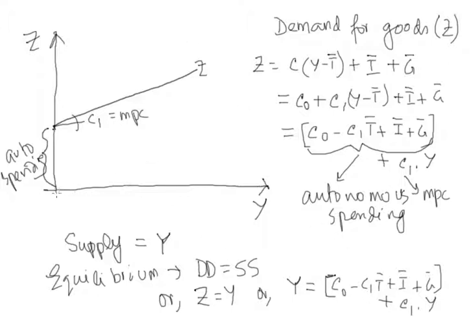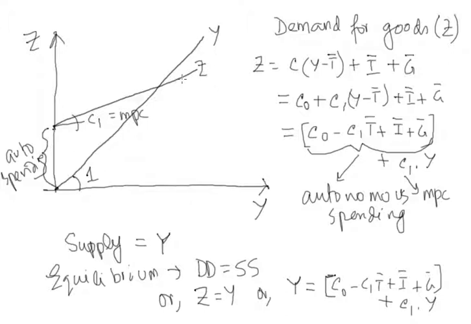First we have to map this Y, which is measured on the horizontal axis, on the vertical axis, and the way we do that is by drawing a 45-degree line. The slope of this line is 1, which means this length here is exactly equal to this length here.